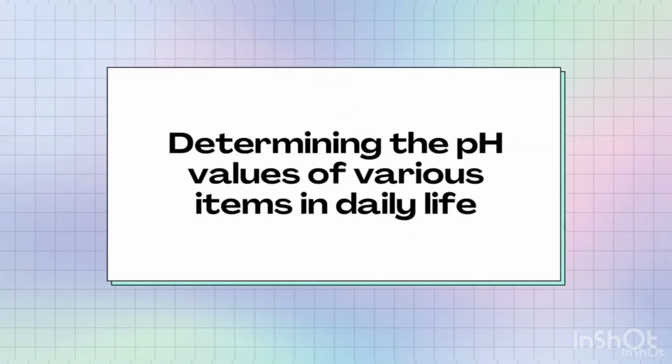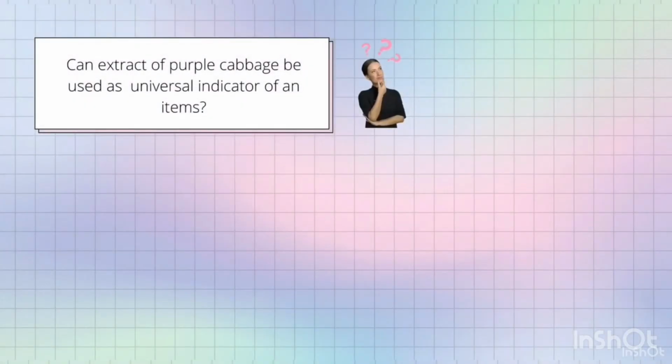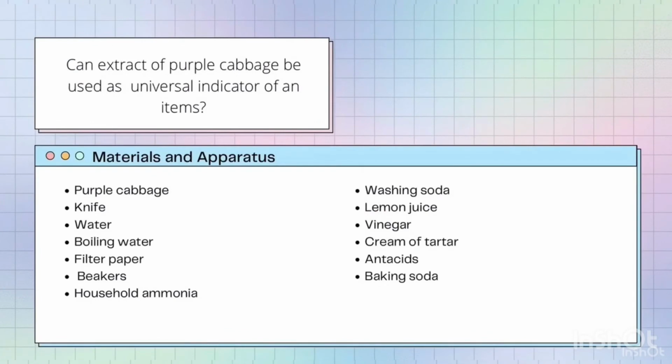So now, we're going to determine the pH values of various items in daily life. The question is, can an extract of purple cabbage be used as universal indicator of an item? We're going to find out using purple cabbage and the materials and apparatus as shown.